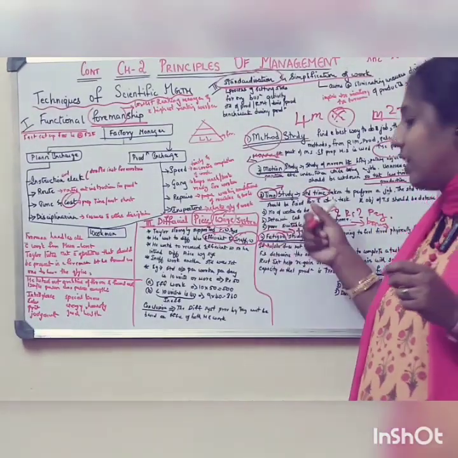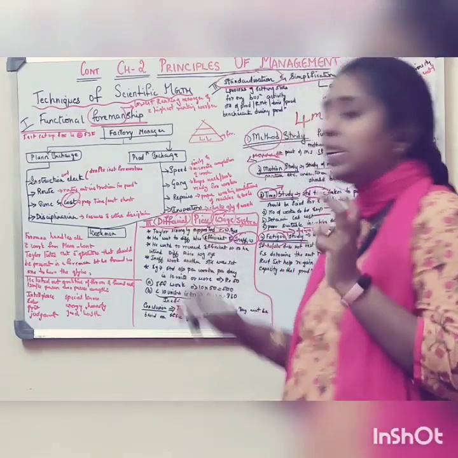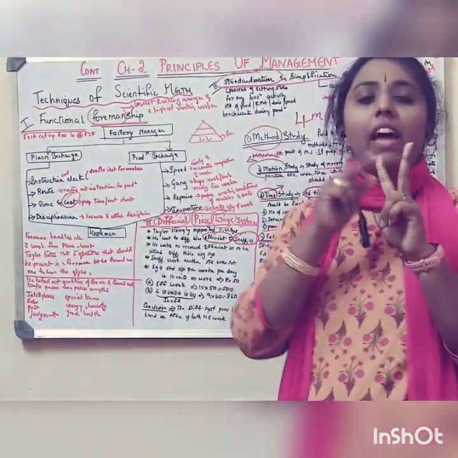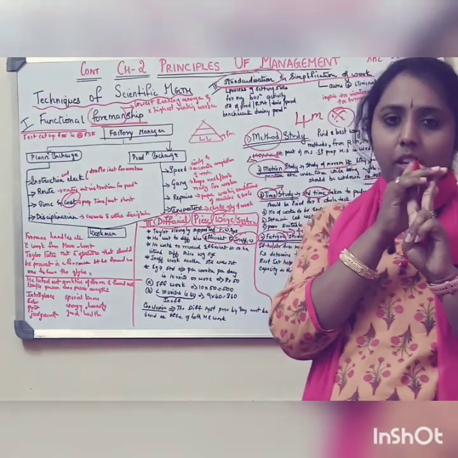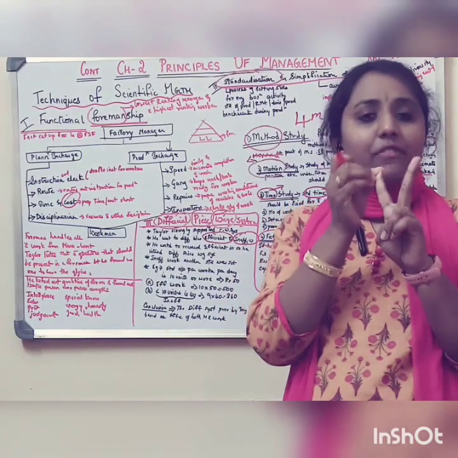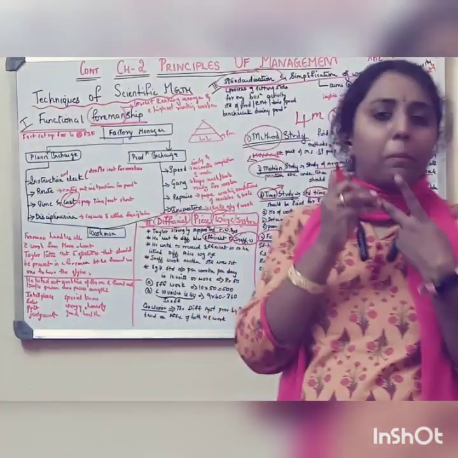So what is F.W. Taylor saying? This should be different from person to person. Person to person means, I told you to remember two words, efficient and inefficient person. There should be a different rate set for an efficient person and a different rate for an inefficient person.